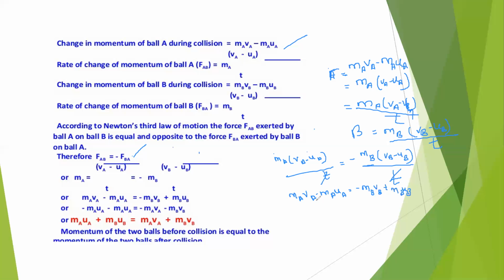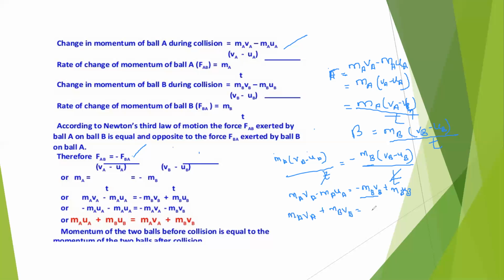So what I'll do, I'll write initial momentum terms on one side and final momentum terms on the other side. See, this MAVA is the final momentum of body A. Now the final momentum of body B, here you can see, is minus MB VB. It is minus, so if I take it to the other side of the equal sign, it becomes plus MB VB.